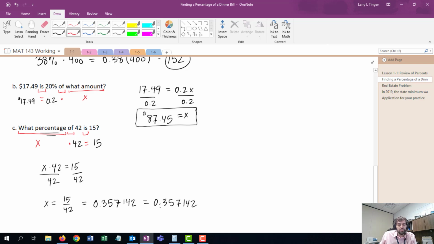So that means I'm looking at 35.7, and I'm going to go to 2 places, not because it's money, but because that's just kind of what we've been doing. 35.71%. Why does this stay a 1? Because when I look to the right, the next number is a 4. If the number next to the number you're rounding to is 5 or more, you go up. If it's not, you leave it alone.